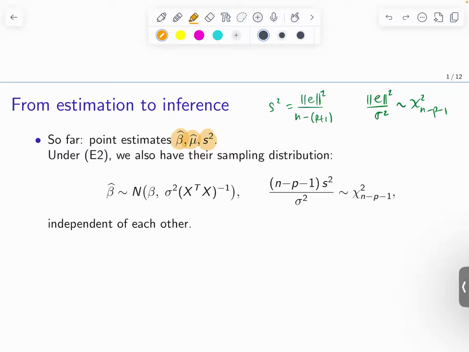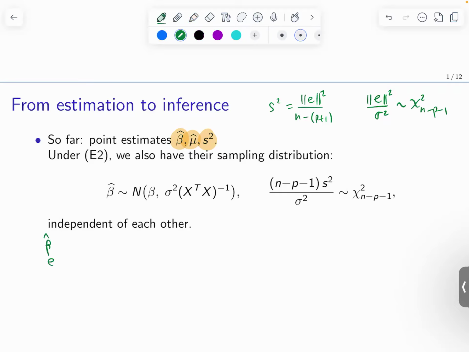From that geometric fact, we got a statistical fact. You remember? S squared is unbiased, yes, but I'm talking about the independence. We did a calculation that led to a conclusion here. Under E2, we had beta hat and e multivariate normal.